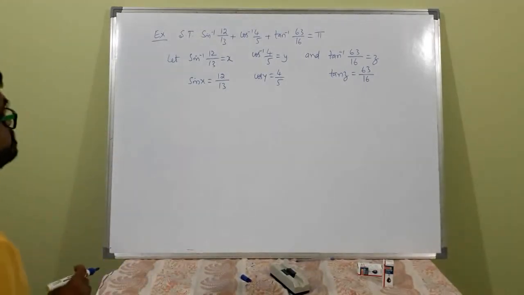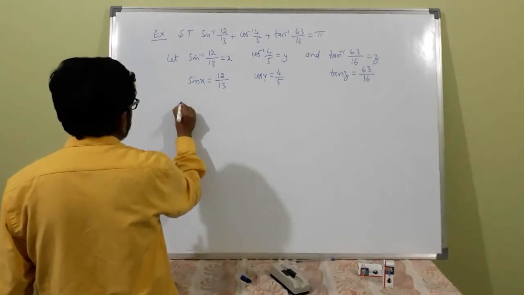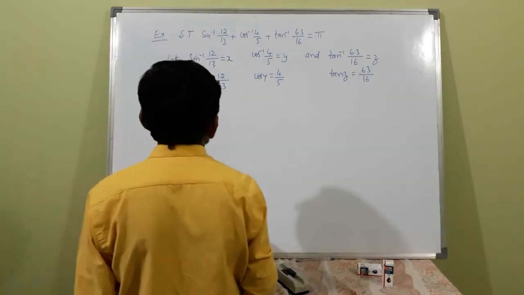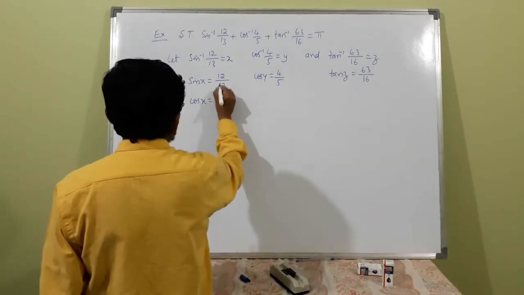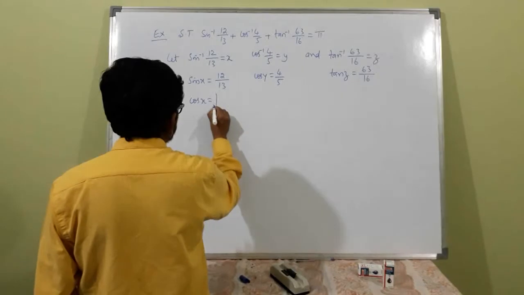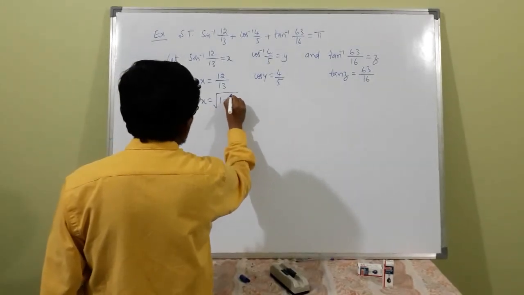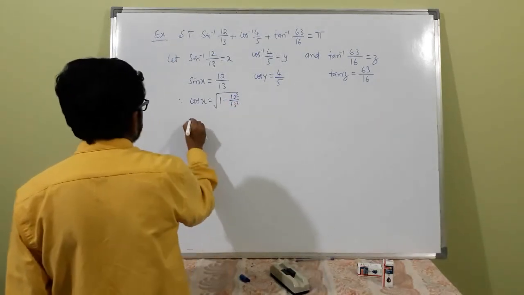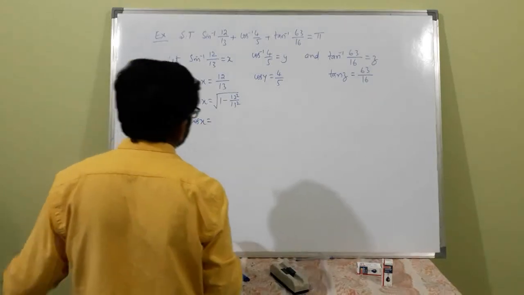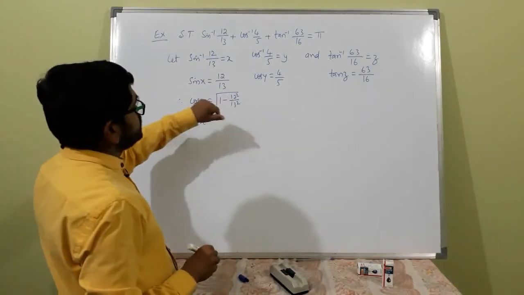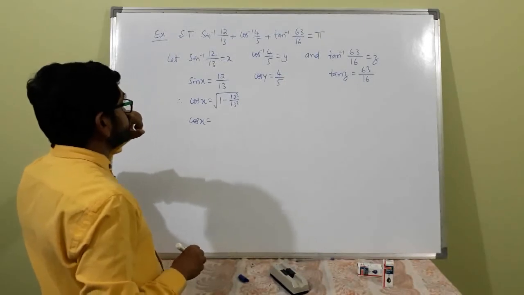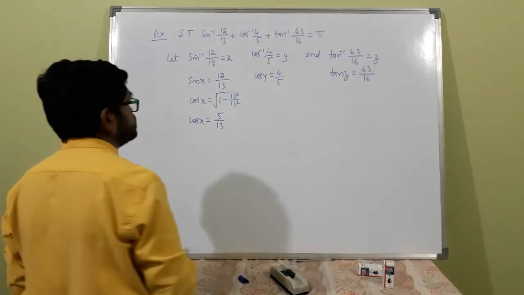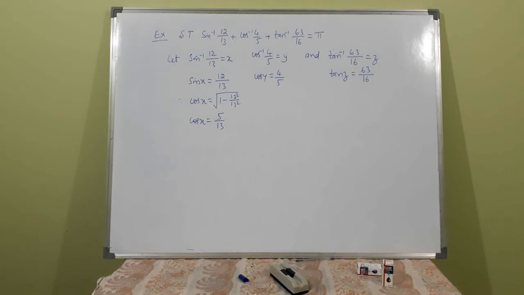Now, what is cos x? Cos x is equal to square root of 1 minus 12 squared by 13 squared, or cos x is equal to square root of 169 minus 144, that is 25, divided by 13, that is 5 by 13.